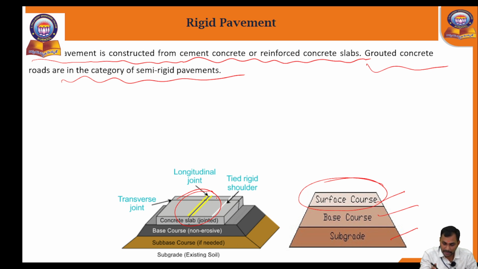You can observe here the concrete slab. In the image, not only plain cement concrete, they have mentioned reinforced, with longitudinal joints, transverse joints and tied rigid shoulders. So steel reinforcements are provided in these concrete slabs.